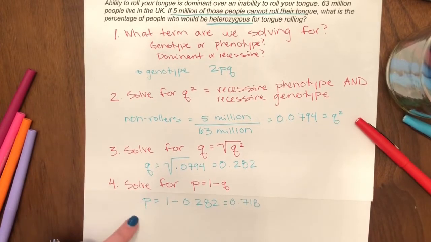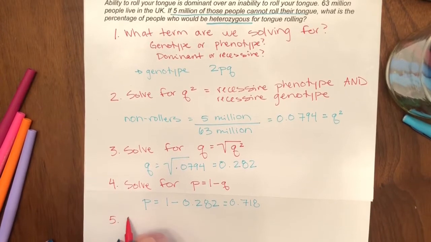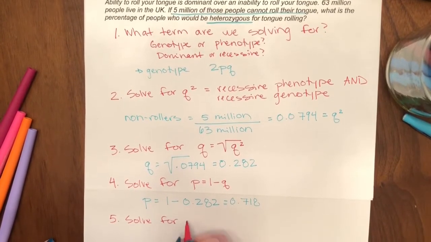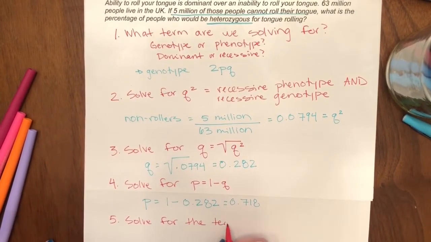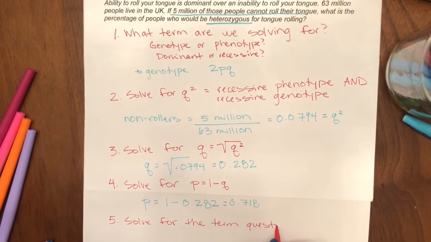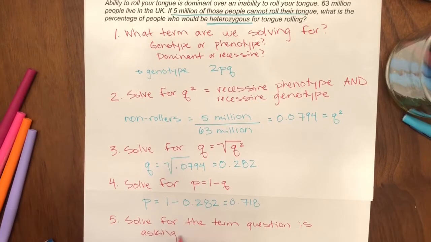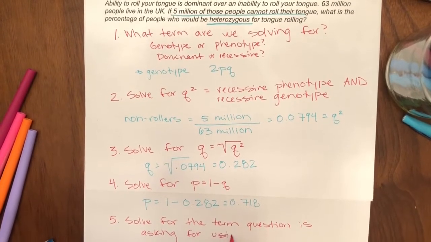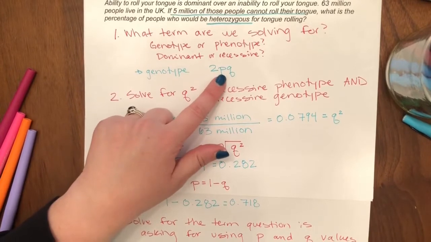And now we have Q and we have P. Those are the only variables. So now in step 5, we solve for the term that the question is asking for. Okay, so in our question, we were solving for 2PQ.